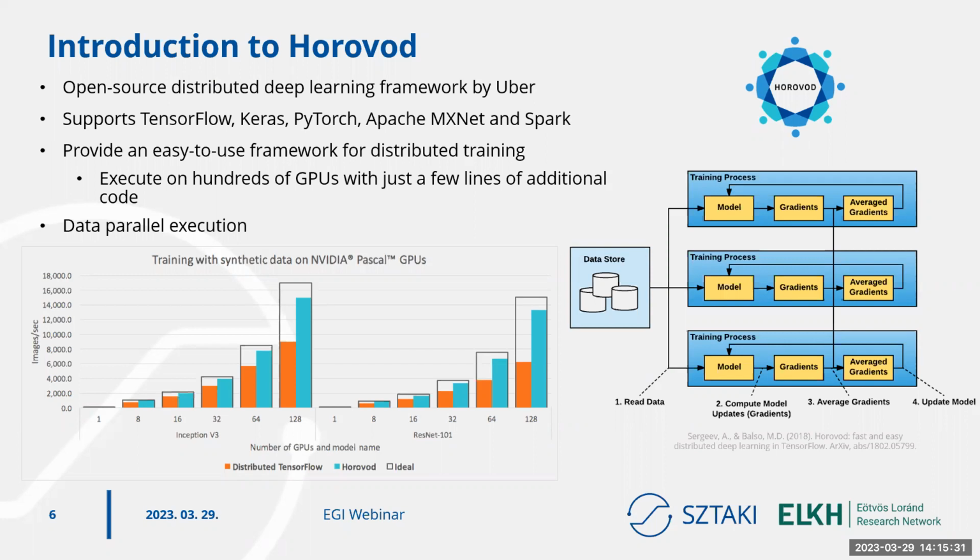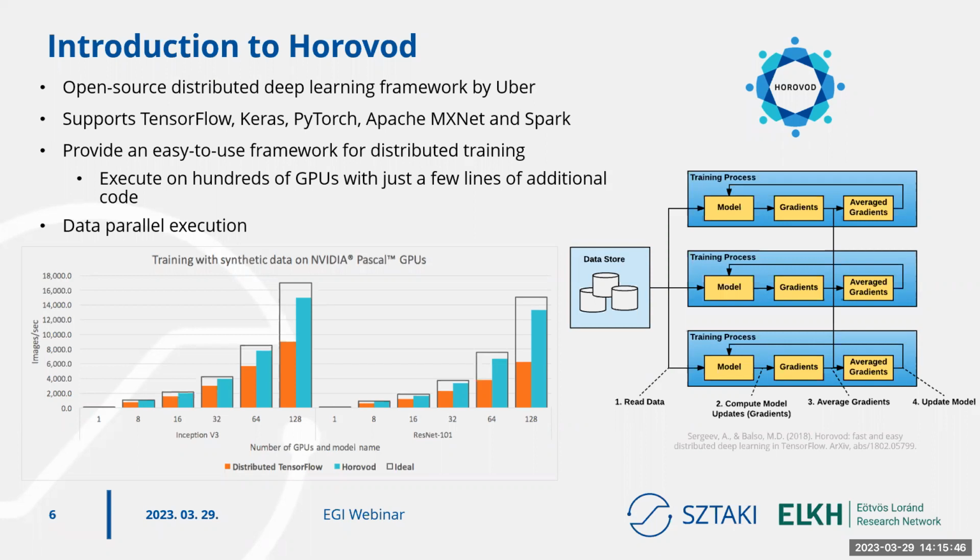Now, it is fairly easy to use because just a few lines of additional code are needed in our sequential training scripts, and then we can perform the training on possibly hundreds of GPUs.